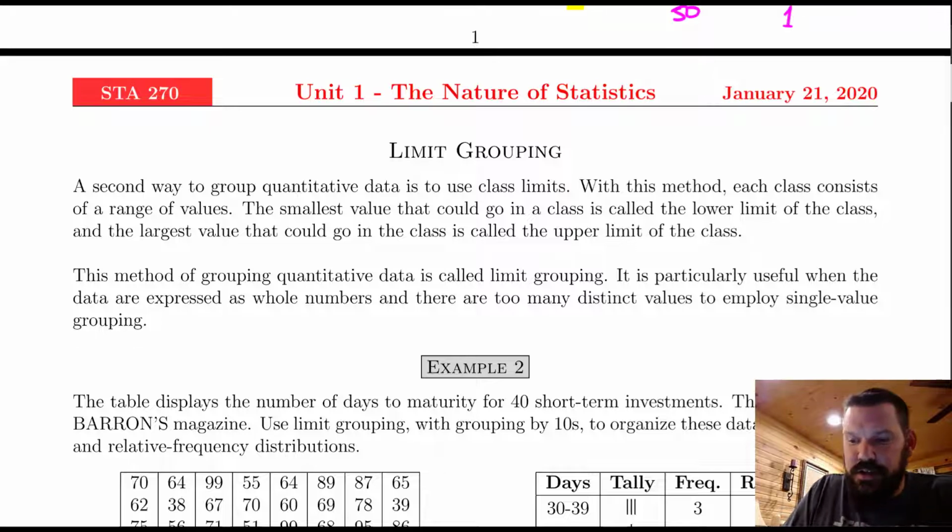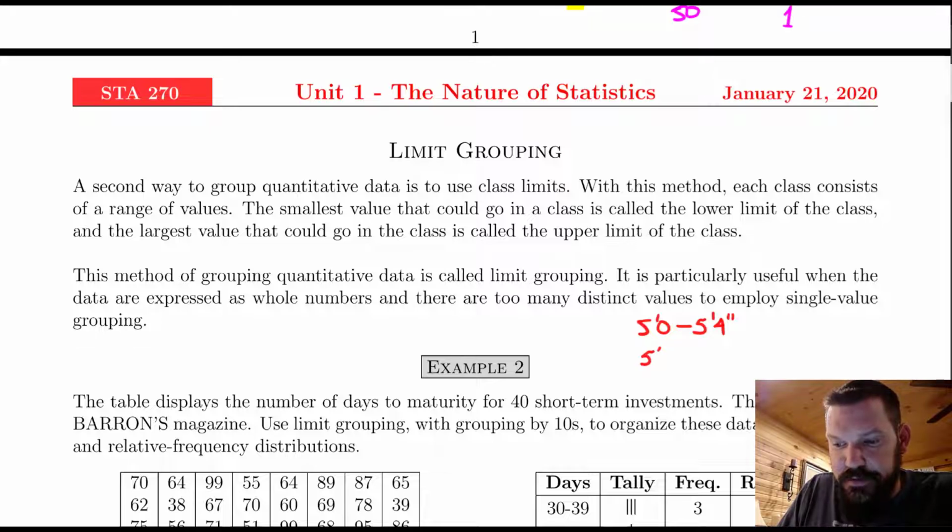So we could have grouping classes. We could say we could go from 5 feet to maybe 5'4", and then we could go 5'5" to 5'8", 5'9" to 6 feet tall. Then we could go 6'1" to 6'4".